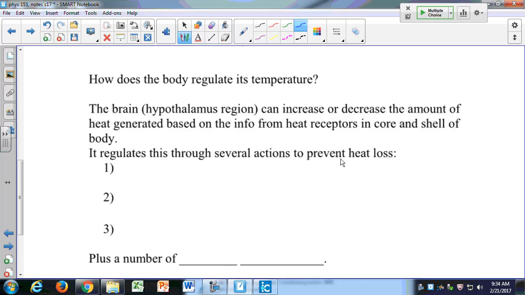One of them is that blood vessels in the skin contract. These are involuntary, most of these. Blood vessels in the skin contract.